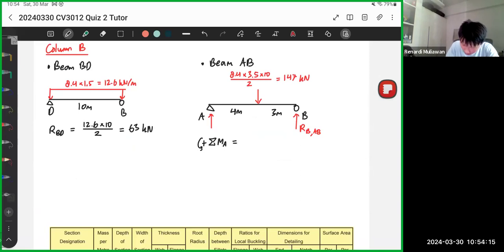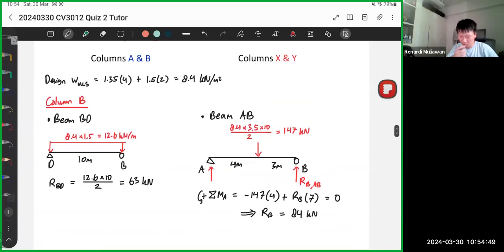So you will get minus 147 times 4 plus your RB times 7 equals 0. So your RB is equal to 147 times 4 divided by 7. You will get 84 kilonewtons. Yeah, 84 kilonewtons.